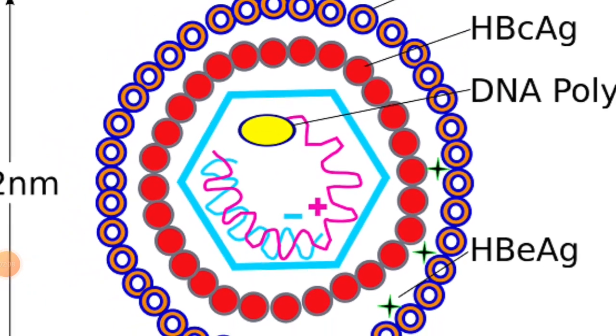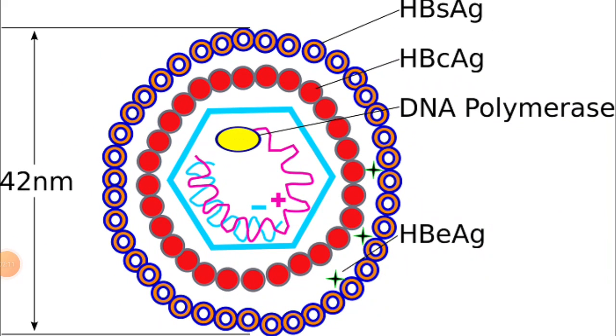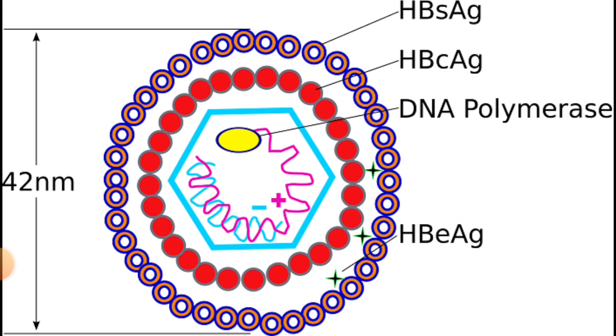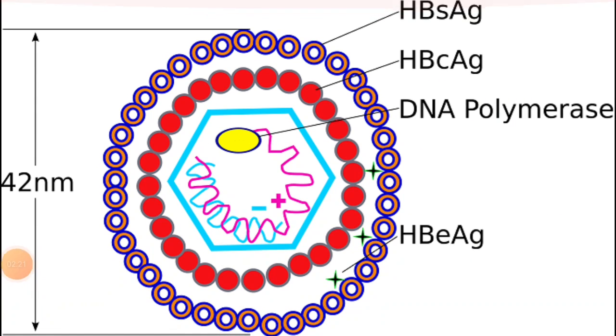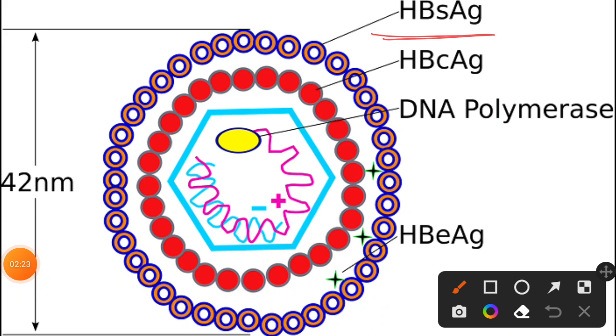Last time we discussed a virus that carries an enzyme with itself, the HIV virus. On the surface of the envelope there is an antigen from which you can make a vaccine, that is HBsAg, the hepatitis B surface antigen, as it is present on the surface.